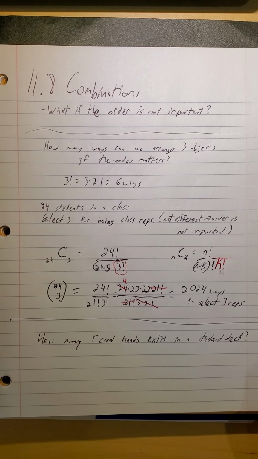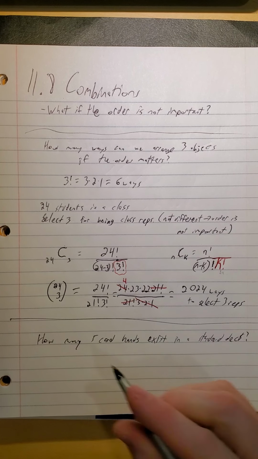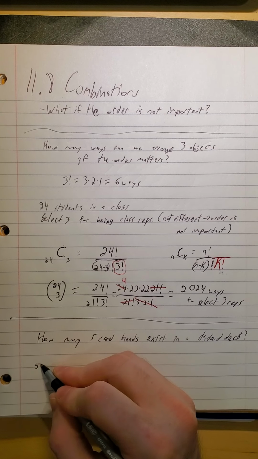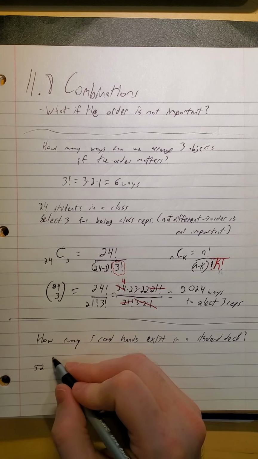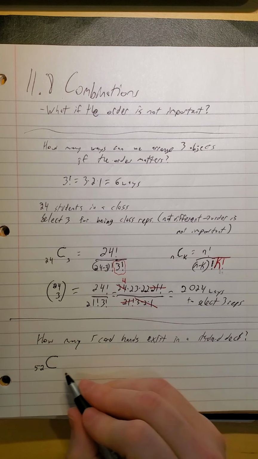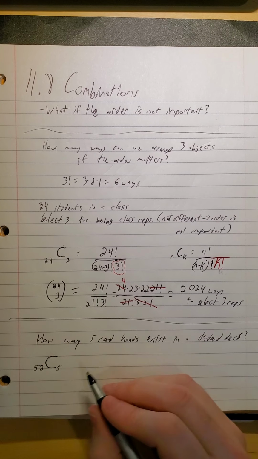So how many 5-card hands can we make out of a standard deck of cards? Standard deck of cards has 52 unique objects. The order doesn't matter to us. We're just choosing any 5 of those cards.